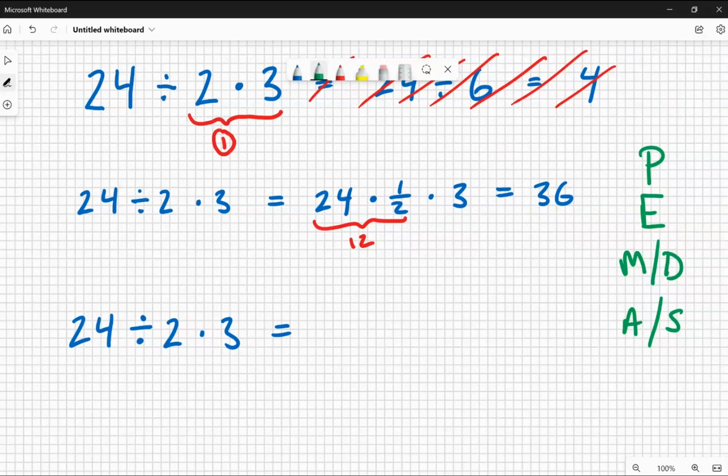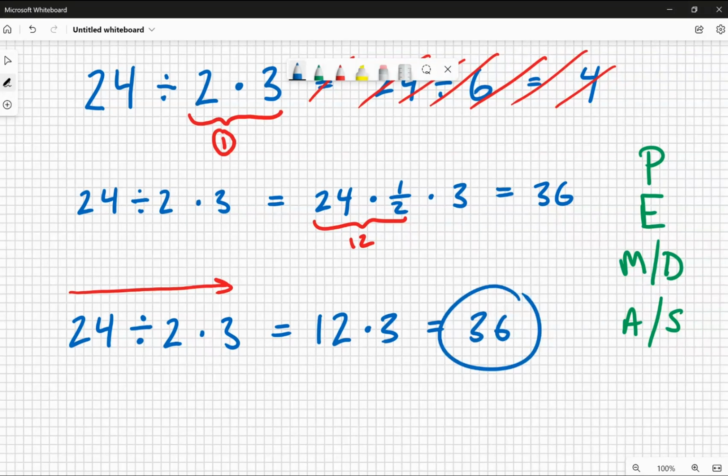So since both of these operations, this division and this multiplication, are at that same level on PEMDAS, step 3, we go left to right. So moving in this direction, 24 divided by 2 equals 12. And now 12 times 3 would be 36.